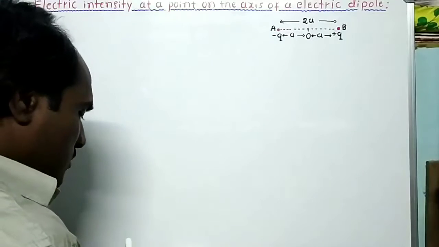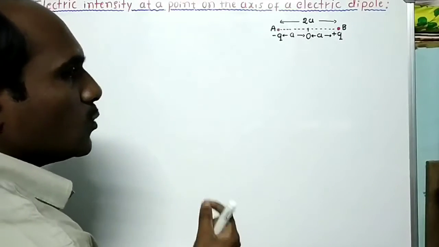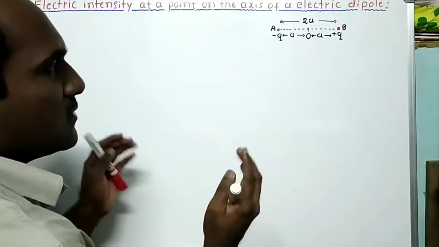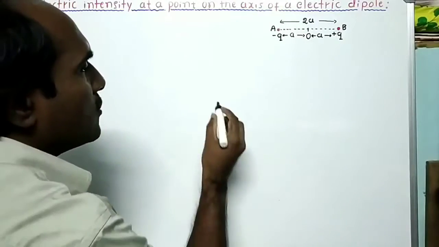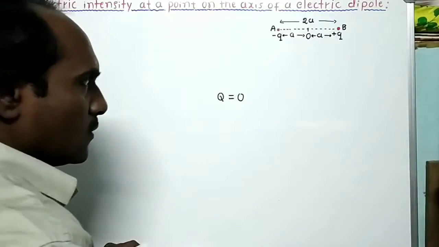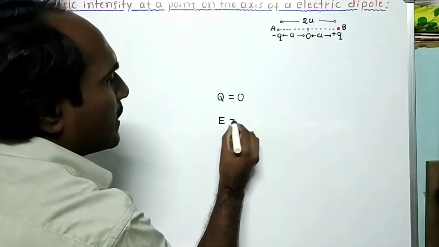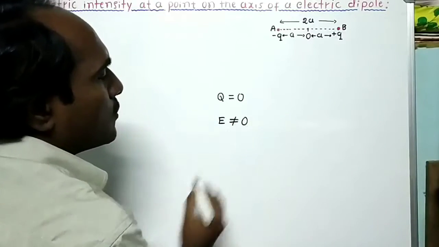You know that the electric dipole contains two equal and opposite point charges. That's why the total charge of the electric dipole is equal to 0. But the electric field of an electric dipole is not equal to 0.